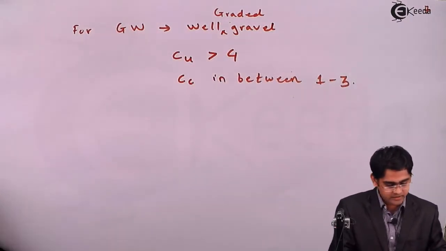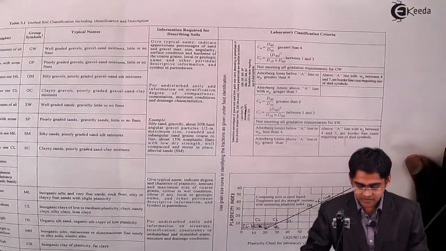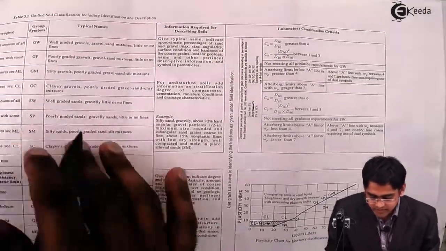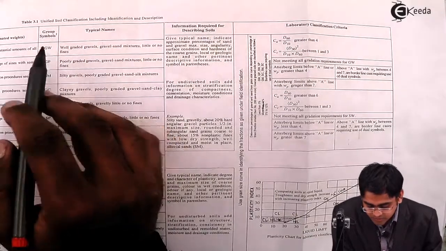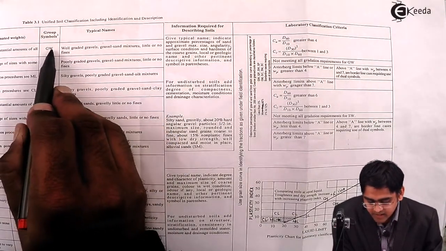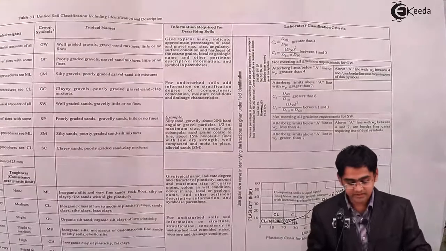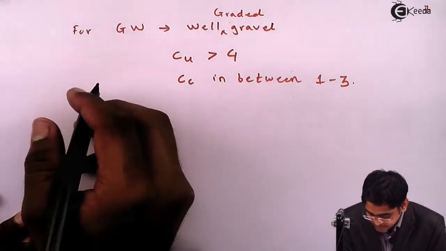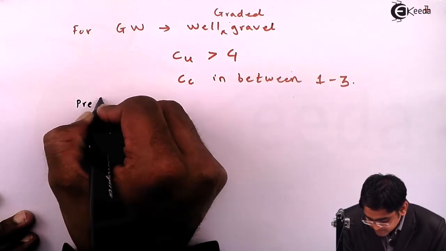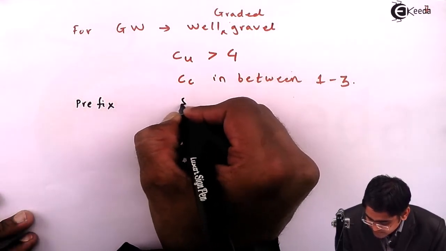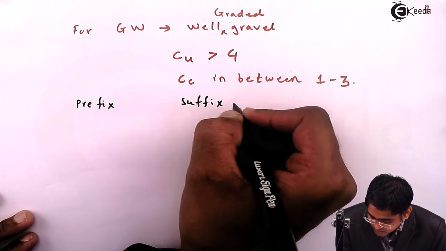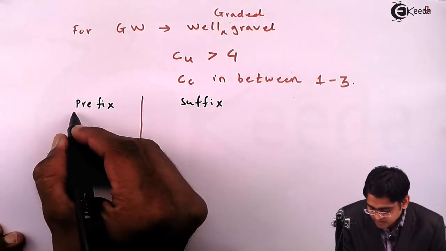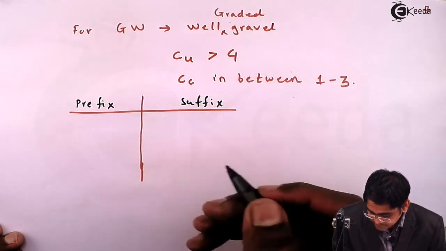But in this we have various terminologies called GW, GP, GC. So I will give you what this group symbol is. Here G is the prefix and W is the suffix. I'll give you this table of prefixes and suffixes. These prefixes and suffixes are only for the unified soil classification system.